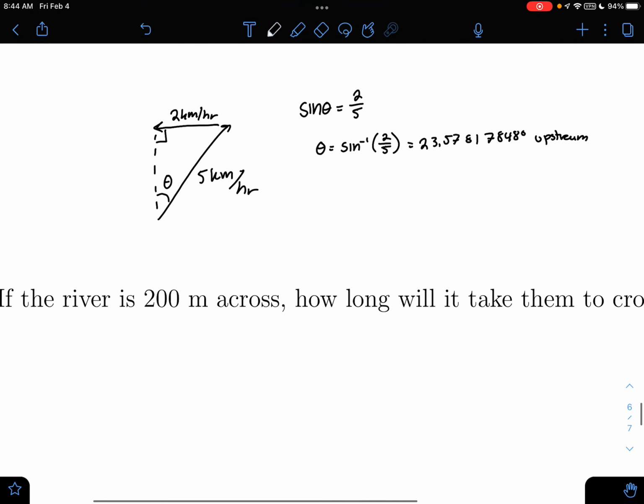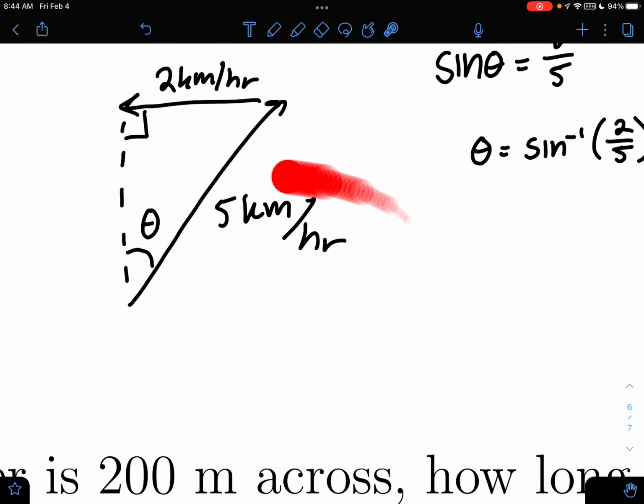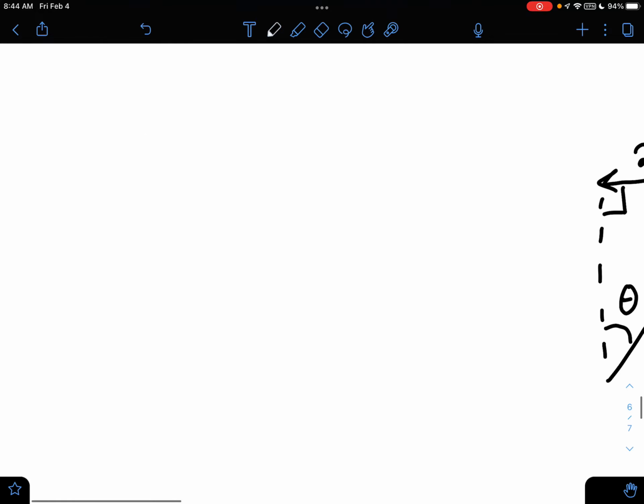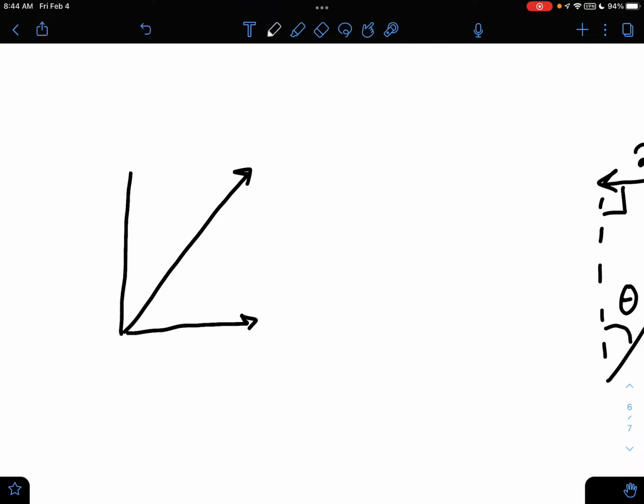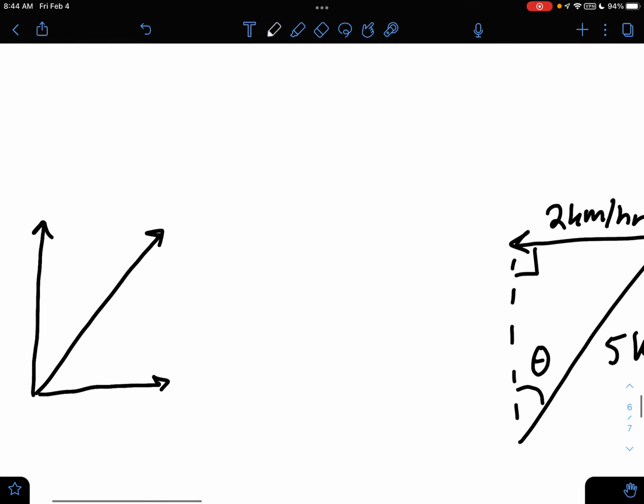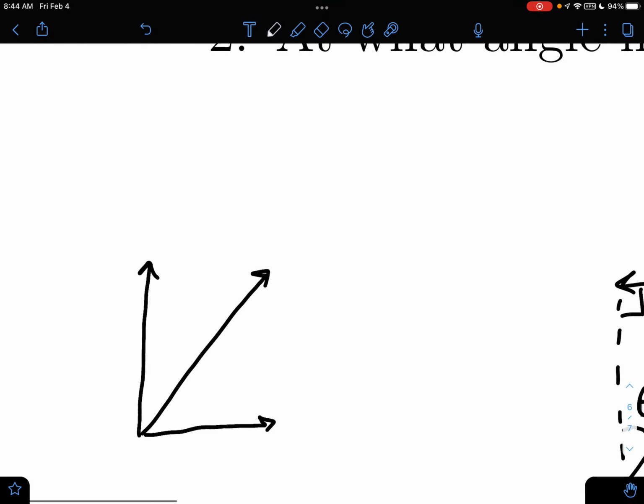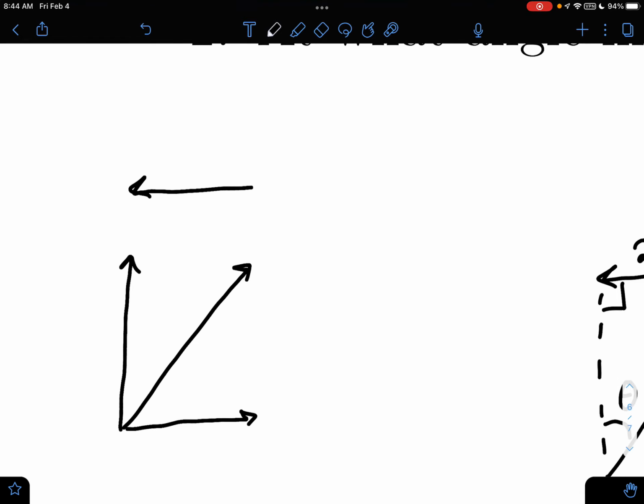Whatever angle this theta is at, if I break the 5 kilometers per hour into components, I break this into my this way and this way component. Our velocity of the water is going this way.